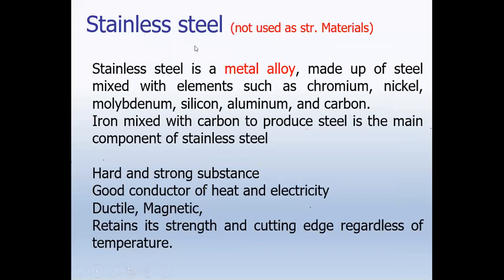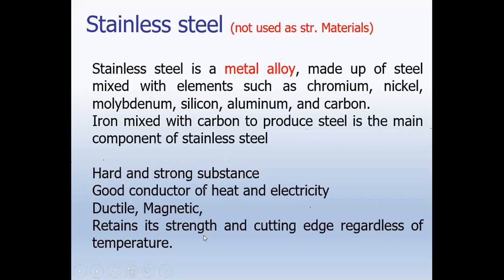Now, with respect to stainless steel, for example, this is not used as a structural material. But it has the following main properties: it is very hard and strong. It is a good conductor of heat and electricity. It is more ductile.